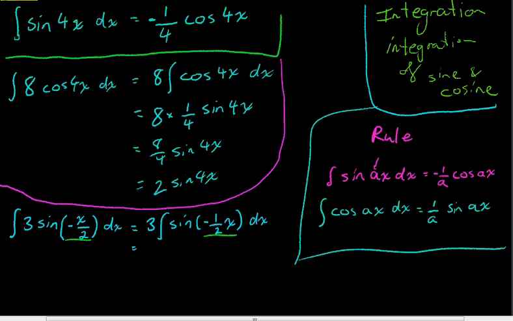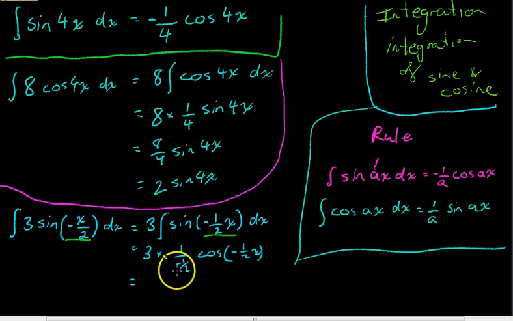After that, we can follow our rule pretty straightforward. So it's going to be 3 times, sine becomes negative, so negative 1 on negative a half cos negative a half x. That's pretty ugly there.